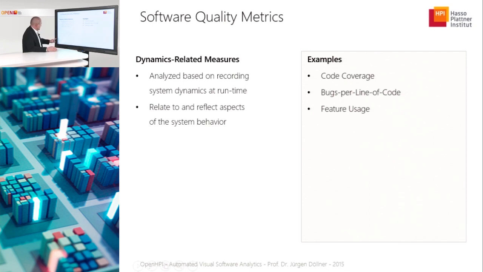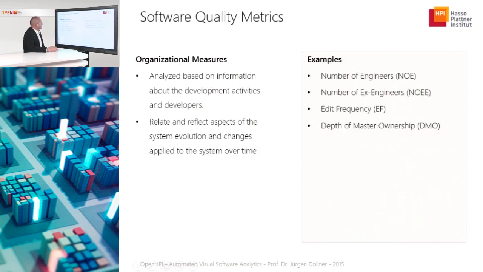There's also another category related to organizational issues. These measures are analyzed based on information about the development activities and developers, typically retrieved and derived from, for example, software repositories. They relate and reflect aspects of the system evolution and changes applied to the system over time.